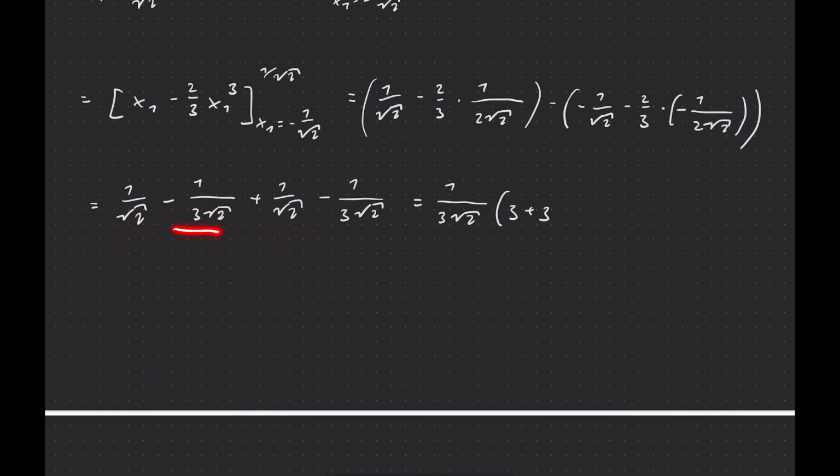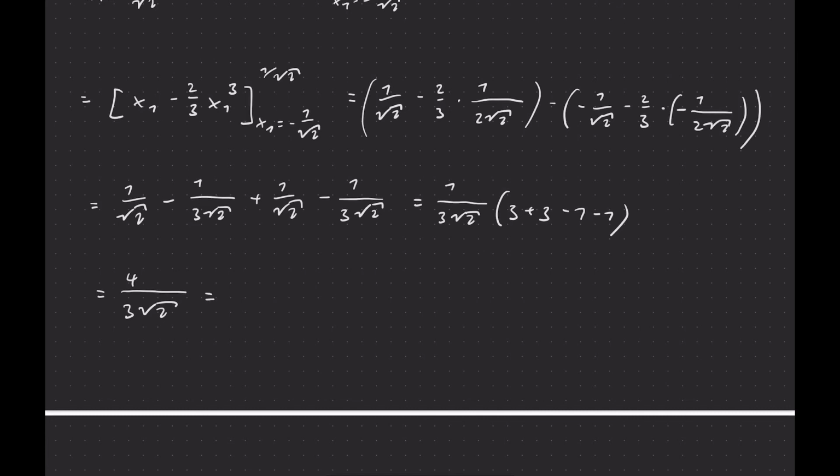And then we have this factor also twice, so we have a minus 1 and another minus 1. Okay, so altogether, well, that here is 6 minus 2, that's 4. So we get 4 over 3 square root of 2.